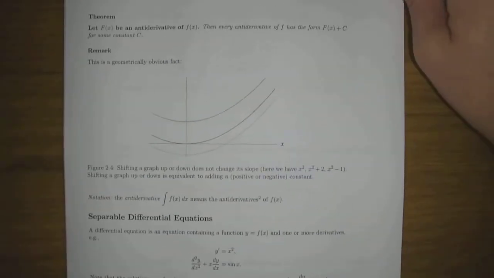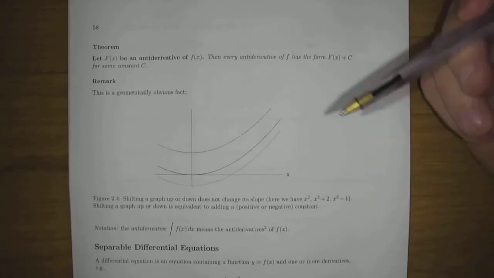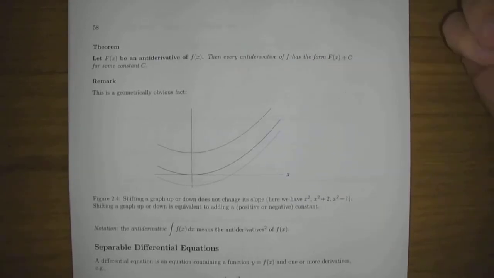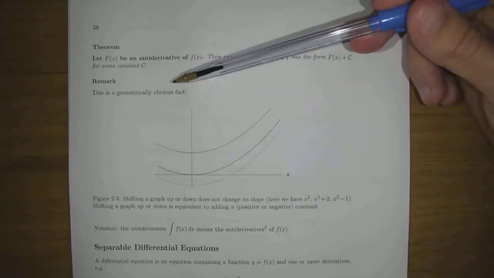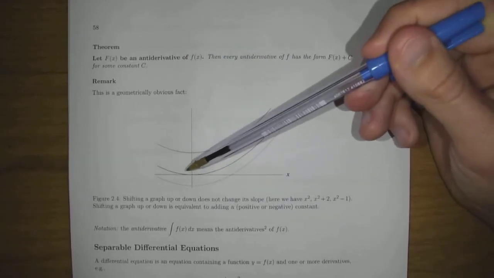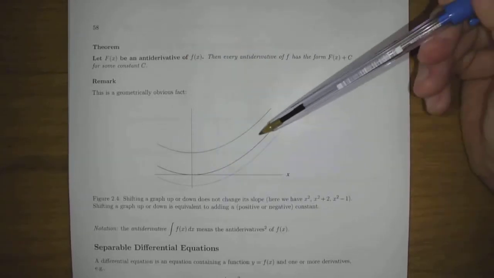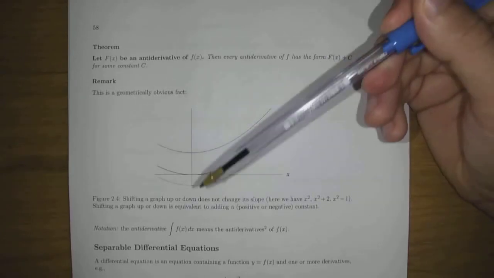Okay, so here what we have is just the theorem that we mentioned and the picture we drew before. So if you have some antiderivative, then every antiderivative has this form for some constant, and this is geometrically obvious. You could actually take this curve going from here and shift it upwards, so it becomes discontinuous.